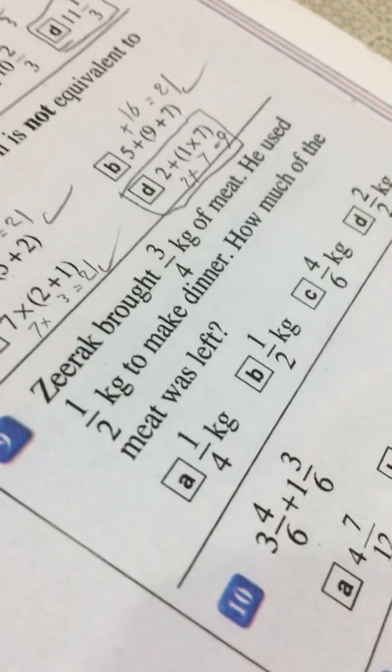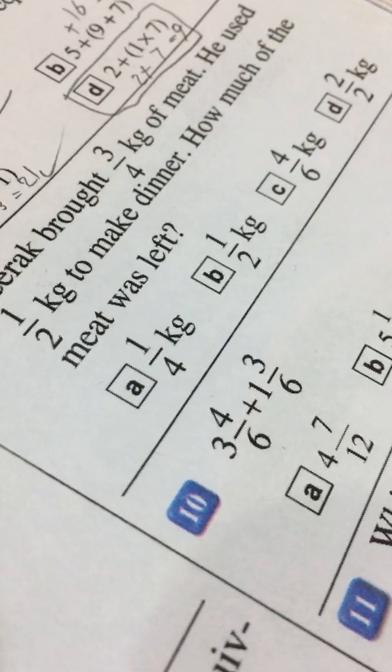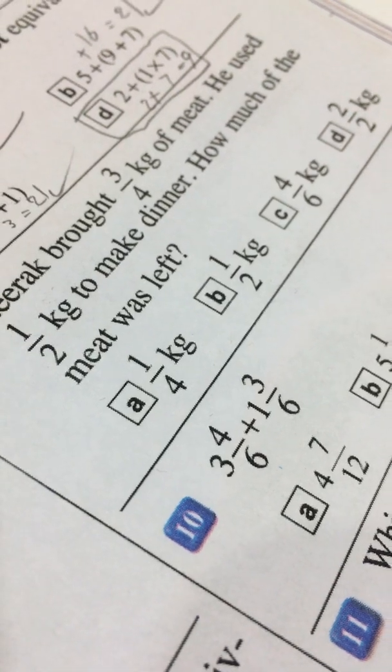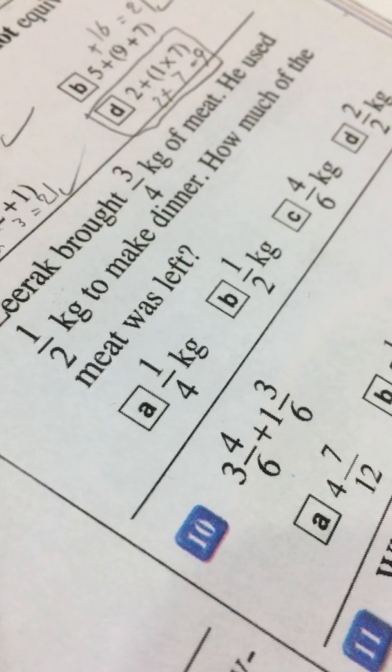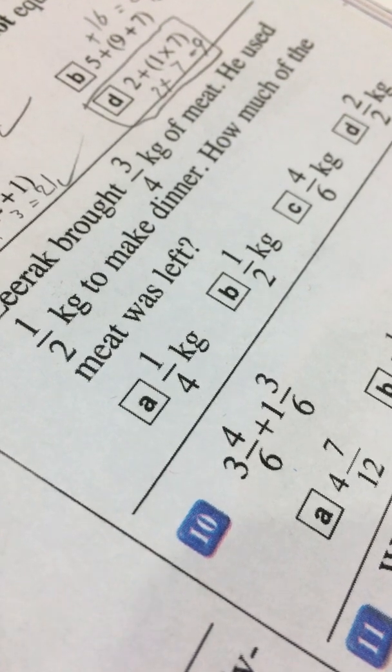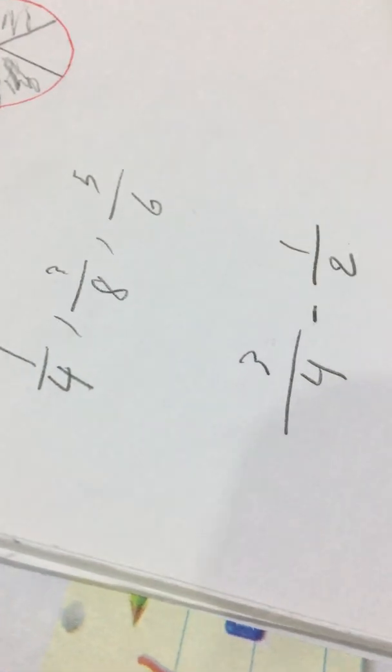Here on number 9, Zirak brought 3 over 4 kilogram of meat. He used a half kilogram to make a dinner. How much meat was left? Here we have 3 over 4 minus 1 over 2.